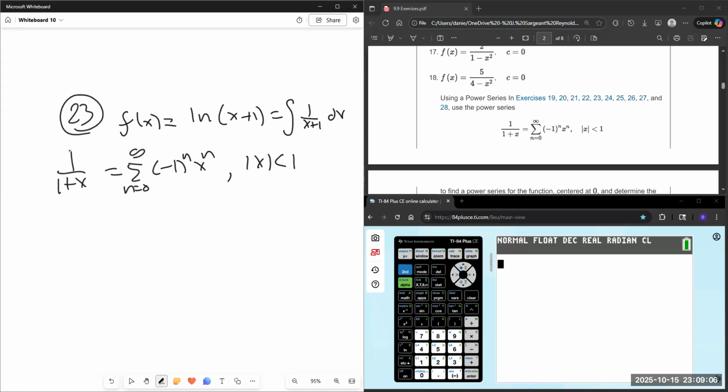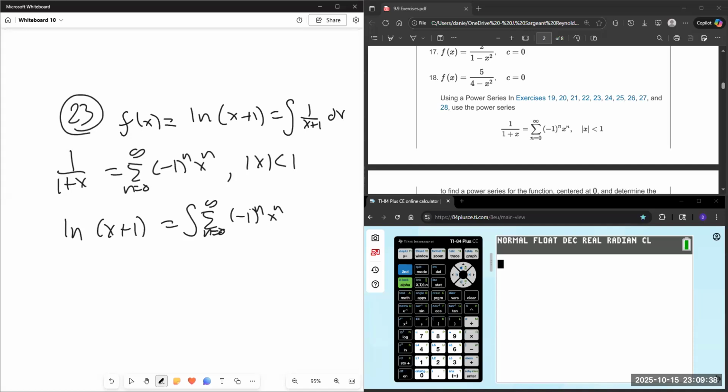So if I integrate both sides, which is what it looks like I'm doing here, ln of x plus 1 is going to be equal to the integral of the summation n equals 0 to infinity, (-1) to the n, x to the n. And this is going to give me just the x part increases here.